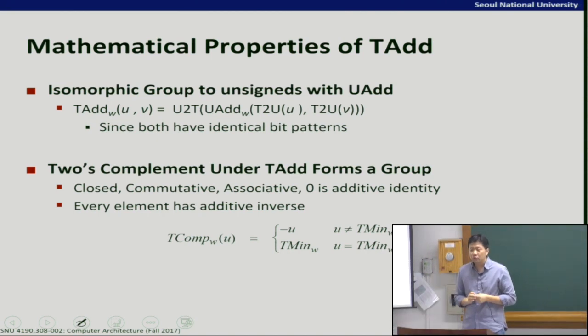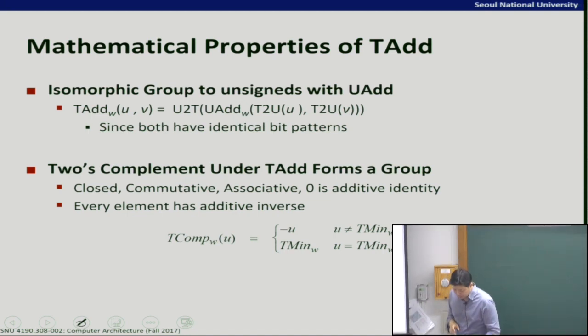Okay? In Korean, what would we call it, 등방성? Anyway, isomorphic. So in other words, there is an element-wise one-to-one mapping between unsigned add and signed add. And if there is a well-defined mapping function between the two groups, then that's called an isomorphic group.